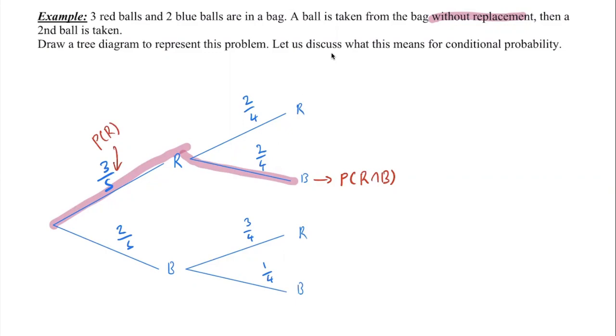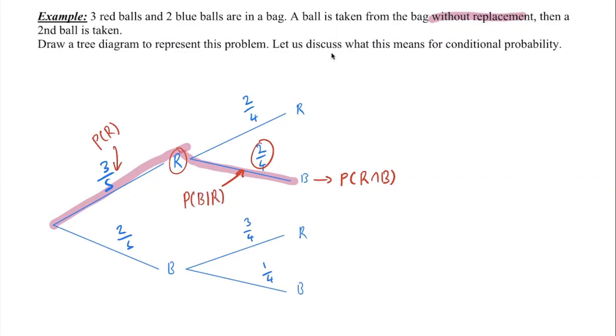But what we really want to look at is what notation we're going to use here. Well, this here is the probability that we draw a blue given that we've already drawn a red. Let me write that in our notation: the probability that we draw a blue given that we've already drawn a red.